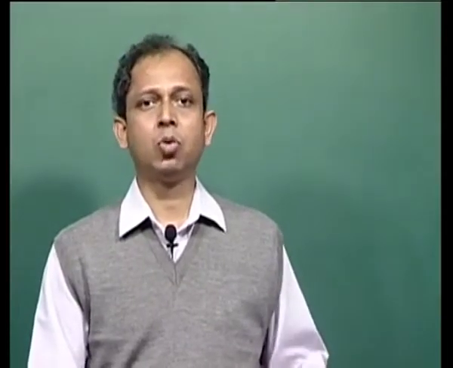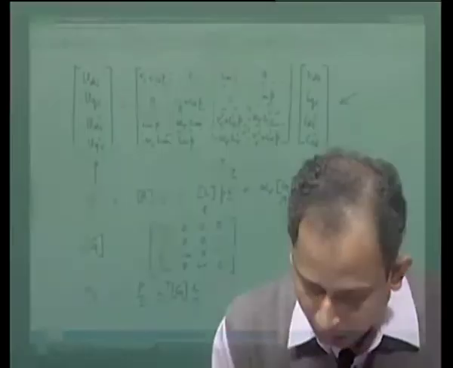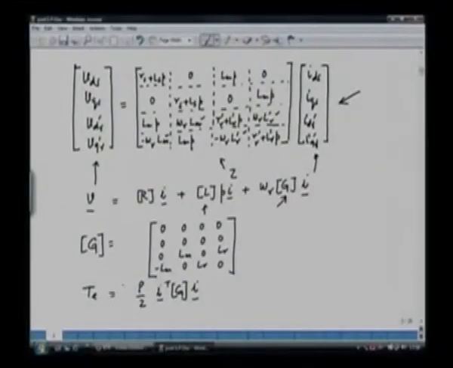So if you take a 2-phase machine, you just have 2 phases. If you take a 3-phase machine, you have 3 phases. So if you convert the power of the 2-phase machine into the 3-phase machine, you have to multiply by a factor of 3 by 2. So here we have to multiply, in this case, a factor of 3 by 2, because our model is a 2-phase model or a 2-axis model.